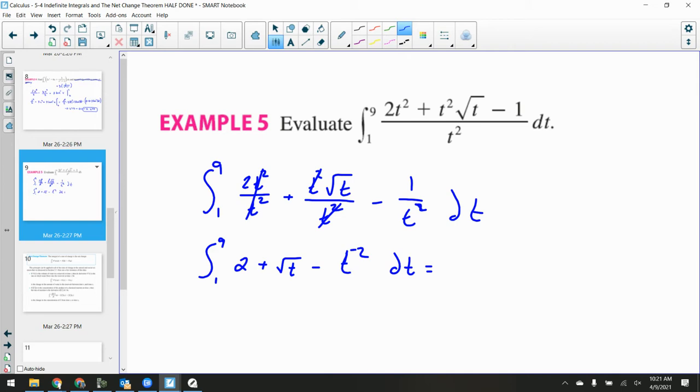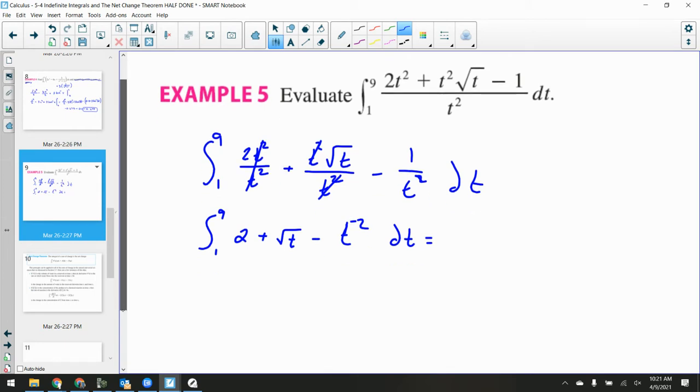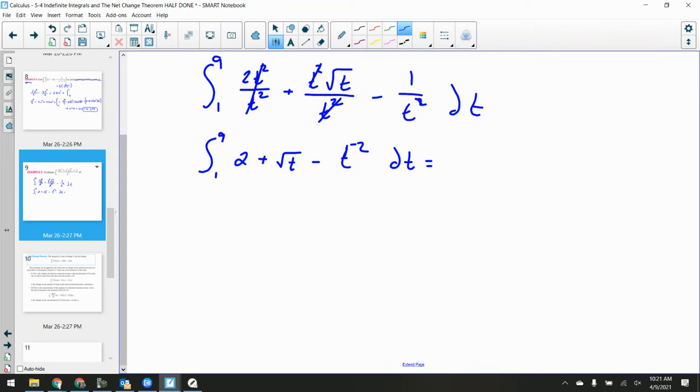And now I take the antiderivative and find the general antiderivative to be 2t plus. Now, I should have made this t to the 1/2, right? We're learning that for the first time today in Honors Algebra 2, rational exponents, turning radicals into fractional exponents, blowing their minds a little bit.